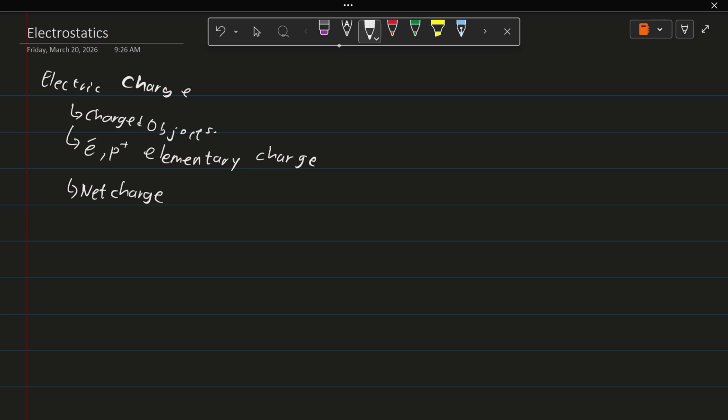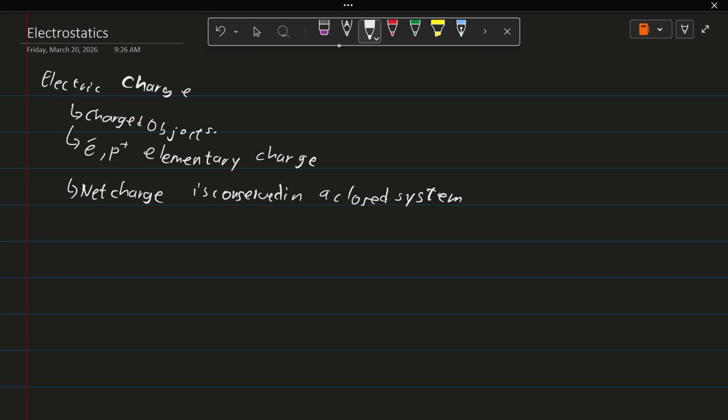Also, something important about charges is that the net charge is conserved in a closed system. This basically means that you cannot increase or decrease the net charge. The net charge has to be the same for a closed system.